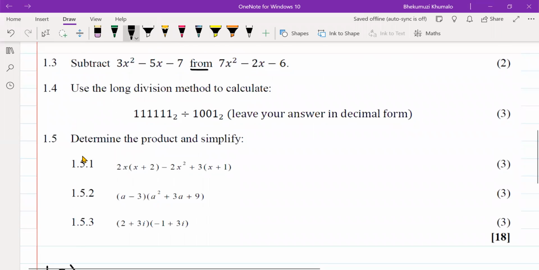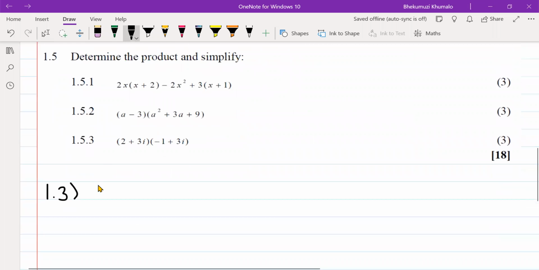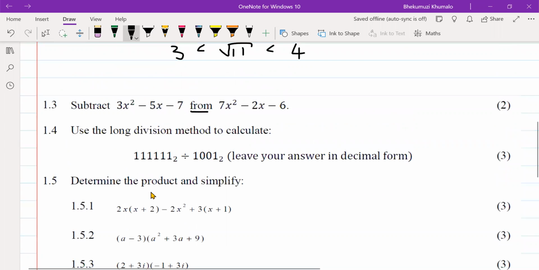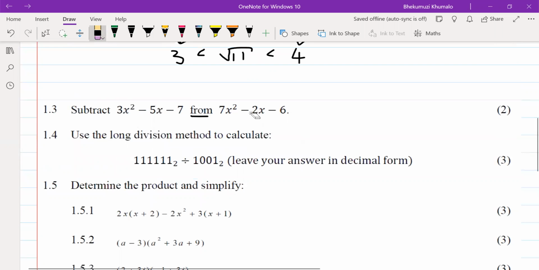So it says it's from 7x squared. So we have to start with 7x squared in front, minus 2x minus 6, all right, minus, because it's subtraction. So we wrote the first expression first, which is 7x squared minus 2x minus 6, because they said it's from.